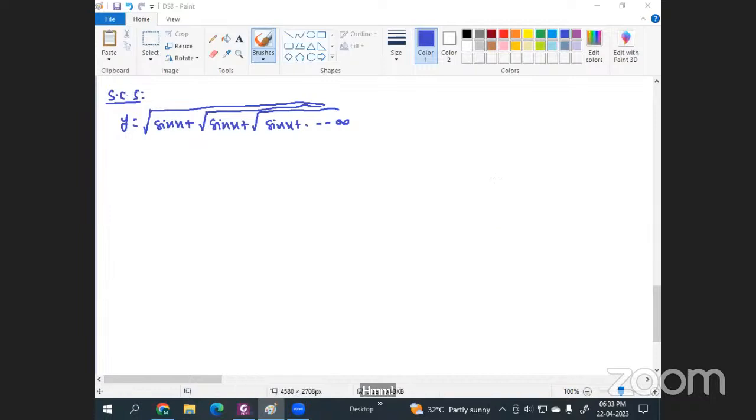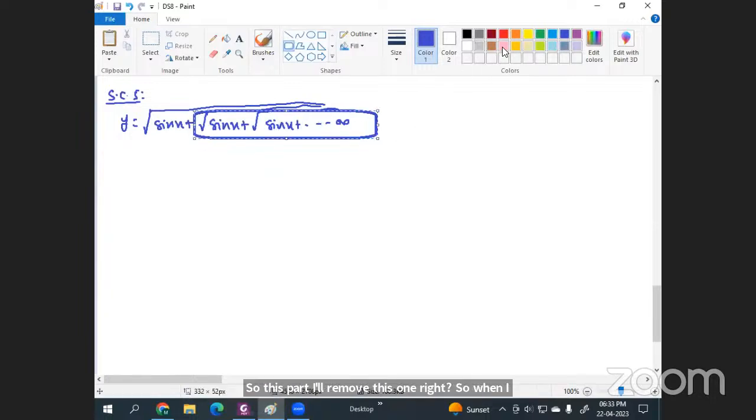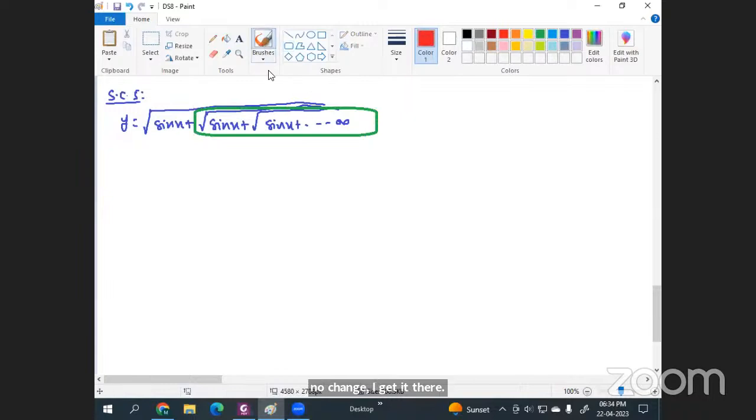No. True. So now what I will do is, whatever I am getting, this part I'll remove. Right? So when I remove this part, that root of sin x, no change I'll get. So this thing again we'll get as y. Therefore, y equal to root of sin x plus y.